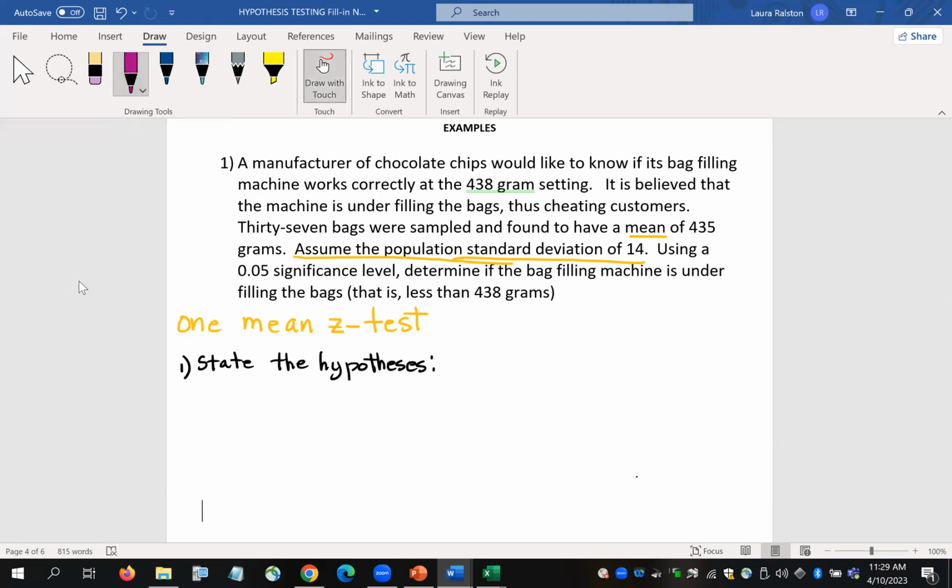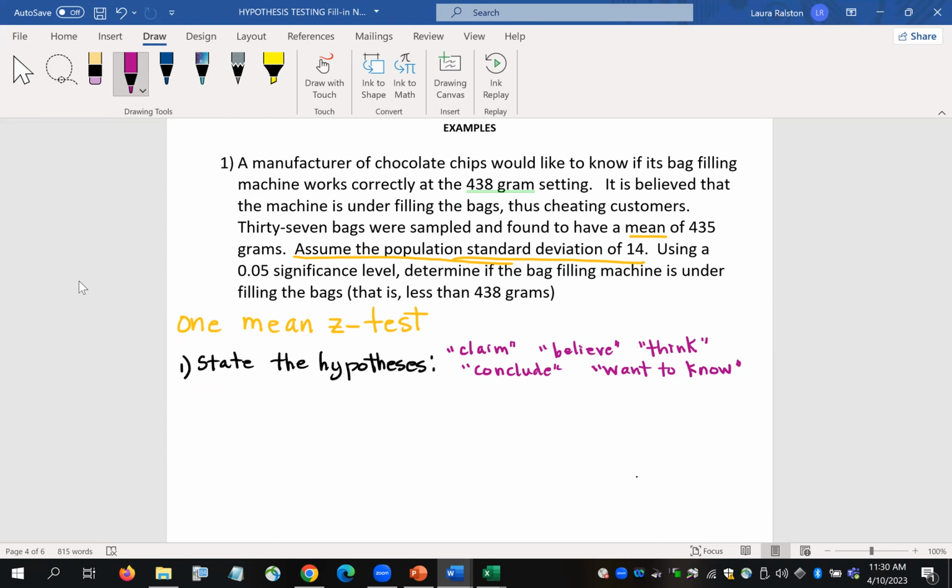When reading the scenario, look for words like claim, believe, think, conclude. Sometimes they even use the phrase want to know.